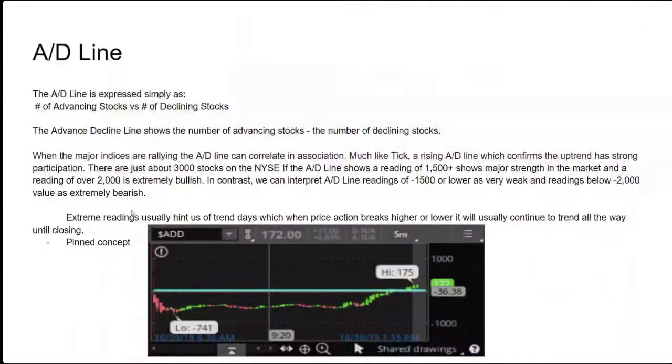So why is this important? Well, when the major indices are rallying, the advanced decline line can correlate in association. So it's much like the NYSE Tick, where a rising AD line does confirm that we have a potential uptrend and strong participation.